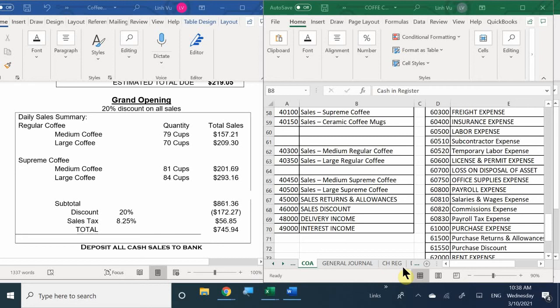We can structure our company a little better. Maybe instead of buying too much of the regular coffee, we should start investing in supreme coffee. Maybe even throw in a third different coffee. So here, it's very important that you keep your sales separate.